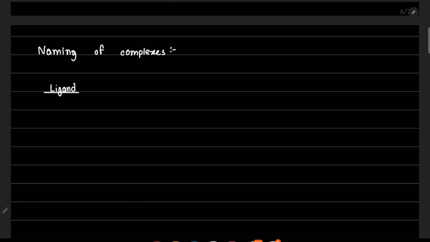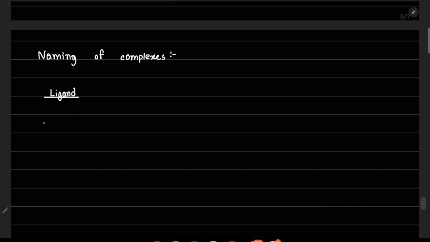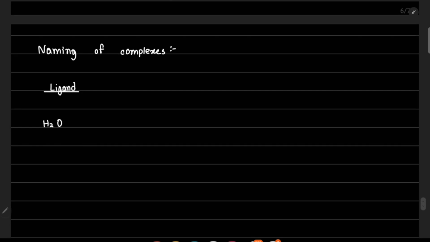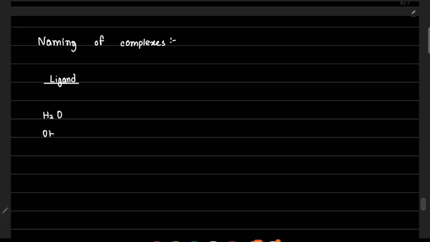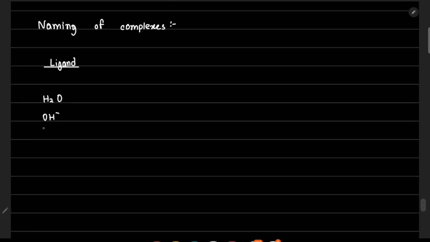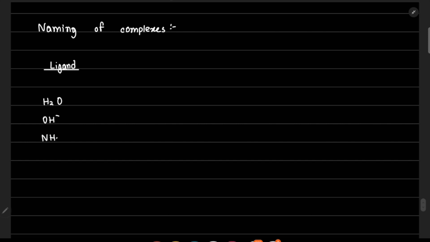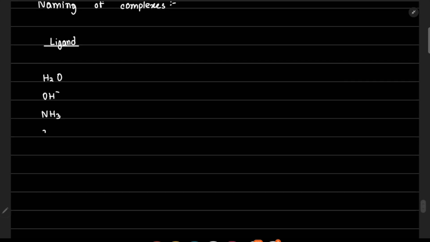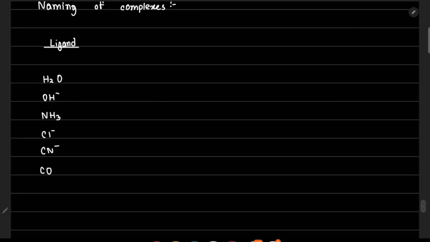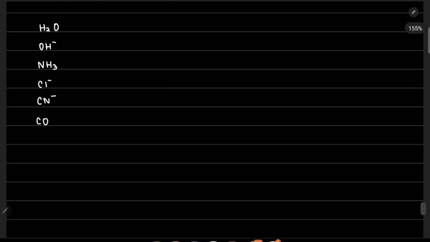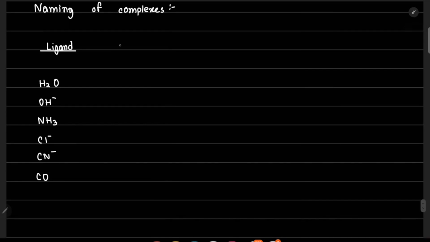So some common ligands we'll encounter are water, OH minus, NH3, Cl minus, CN minus, CO, and we have a name for each of them.